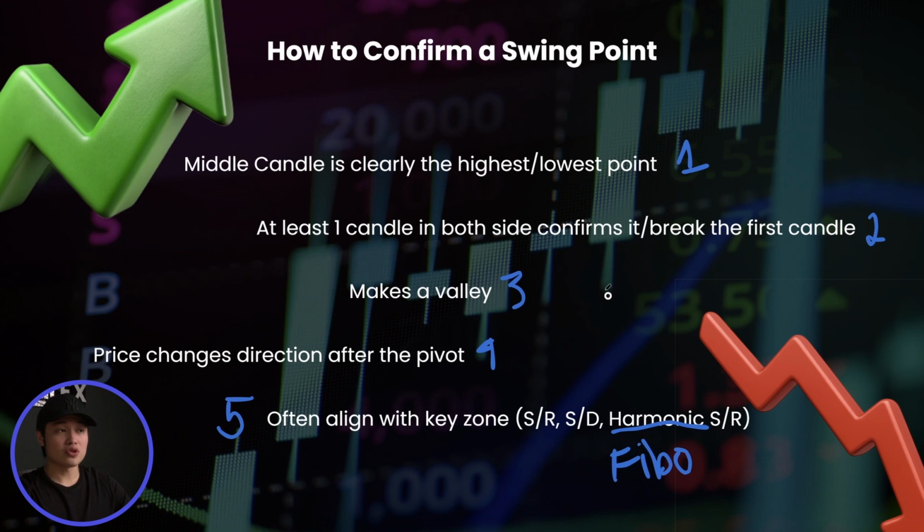You should have an idea if this was a support, or this was a resistance. Price retraces, and then it makes a pivot here, and it aligned with the key zone, like a resistance point, or supply becoming resistance. So it came down, continuing its bearish momentum.